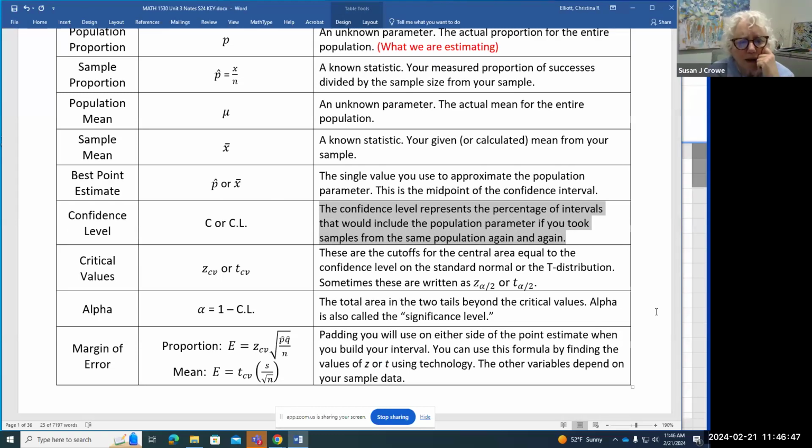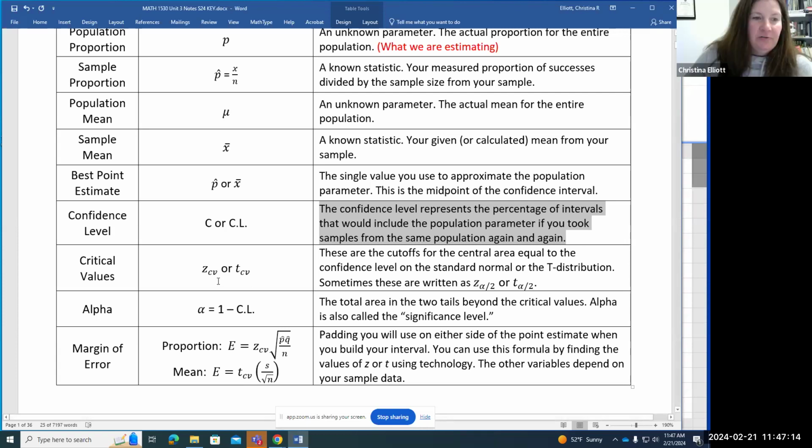If your confidence level is 90%, then if I continually took samples from the population, 90% of them would have the actual population parameter in the interval. There's a picture in the notes that we're going to show you in just a second, so we'll come back to that idea.